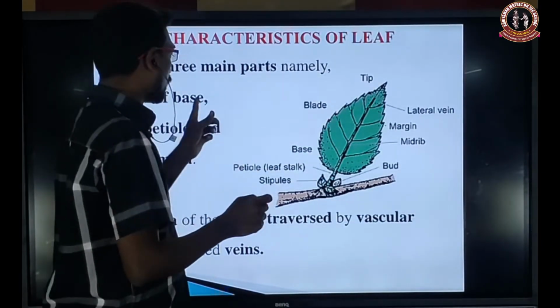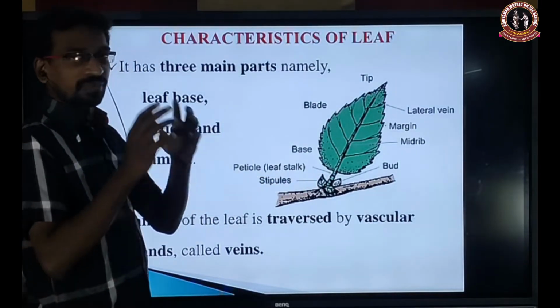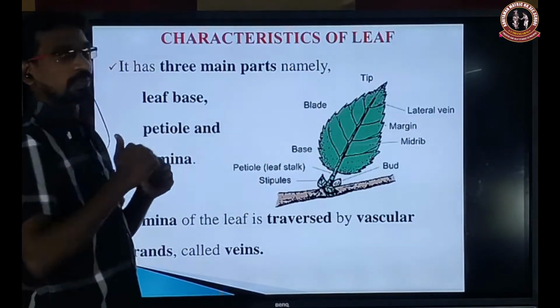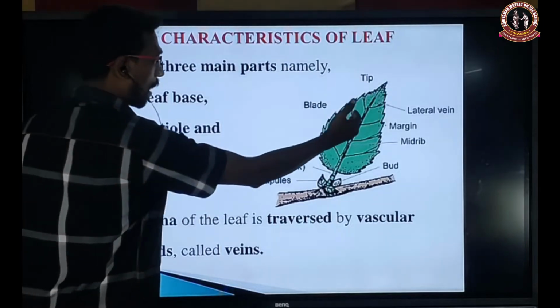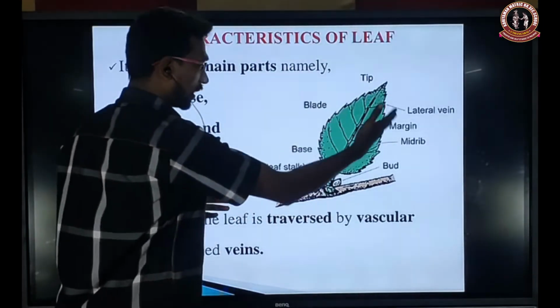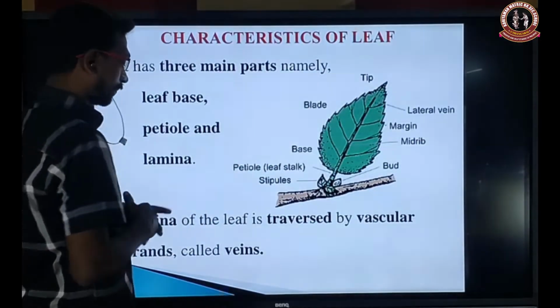The petiole, the stalk of the leaf, connects the lamina and the leaf base. It is the junction point between them. And the lamina is the broad, flattened structure.